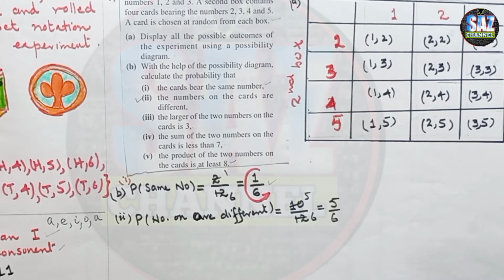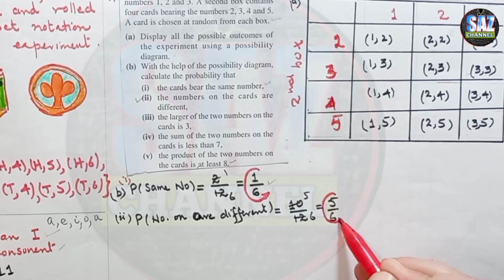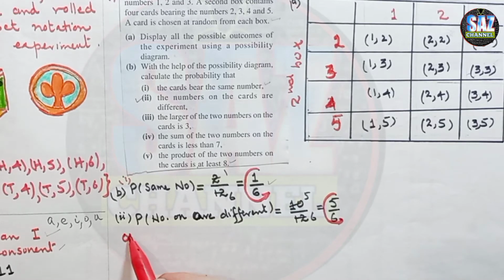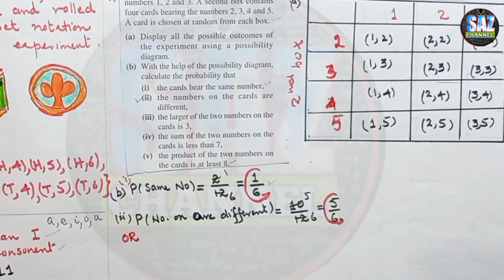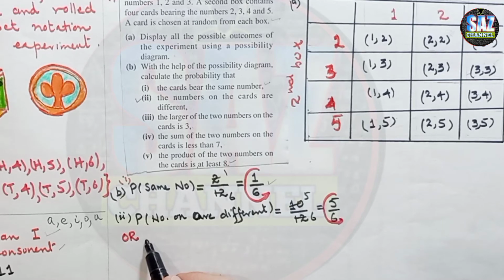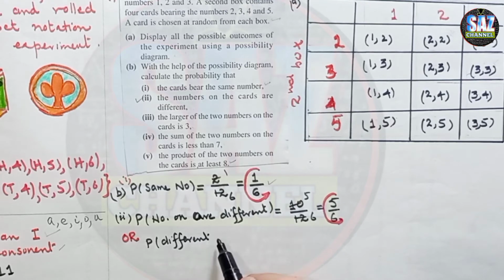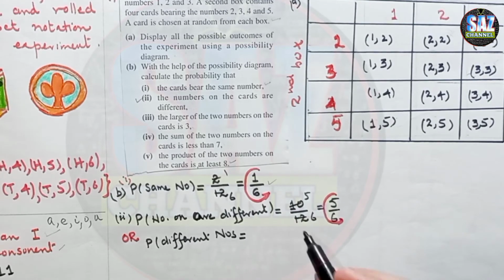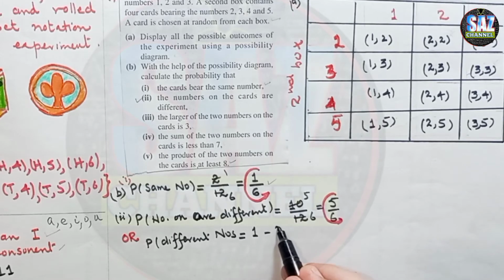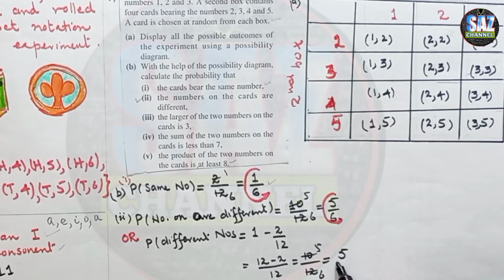Or what we can do is recall the complementary events. I will be giving the alternate solution as well. The probability of not the same, the probability of different numbers, equals 1 minus 2 by 12, and that gives me 12 minus 2 by 12, which is equal to 10 by 12, or 2 fives are 10 and 2 sixes are 12, which is equal to 5 by 6.